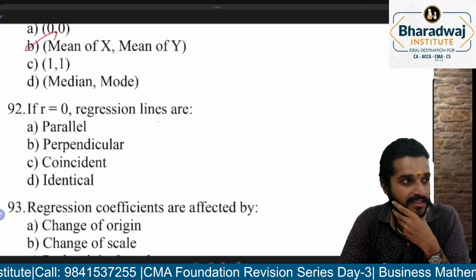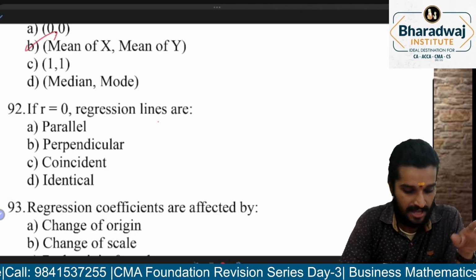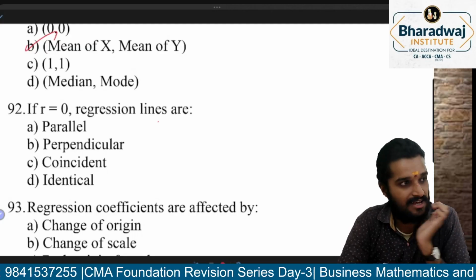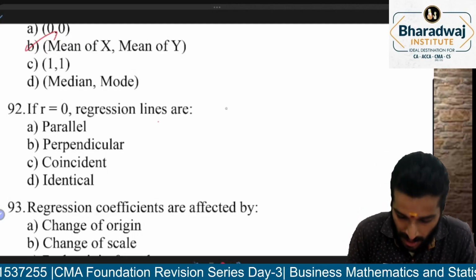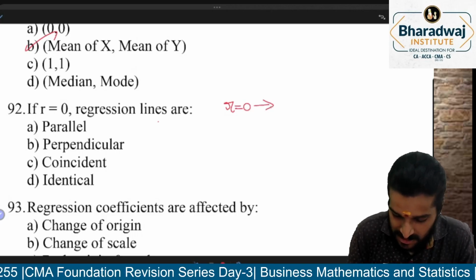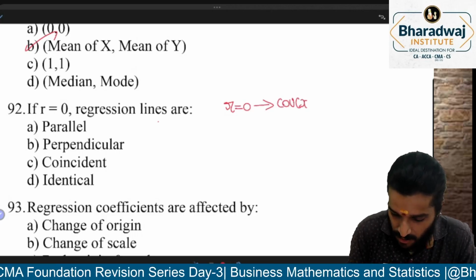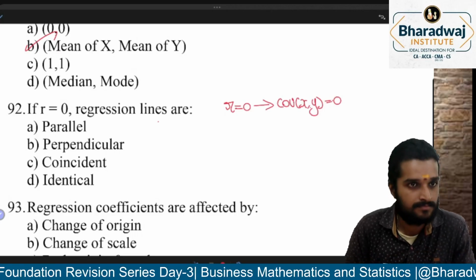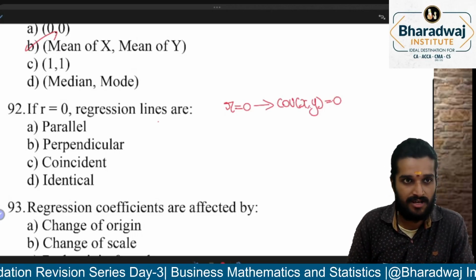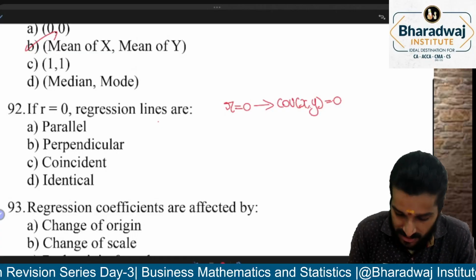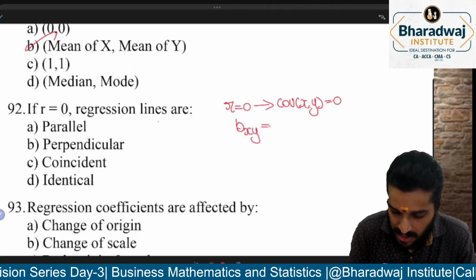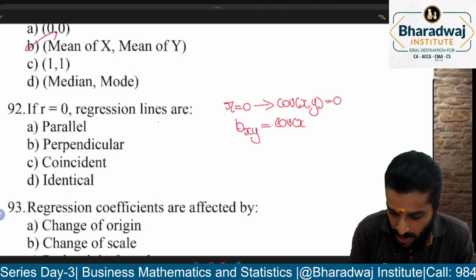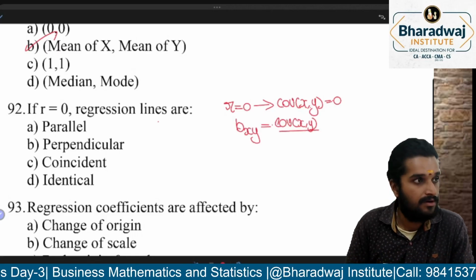Can we try to interpret this mathematically? They have mentioned regression lines, that r equal to 0. R equal to 0 represents covariance between x comma y is equal to 0. So obviously bxy, which is equal to covariance of x comma y divided by what?